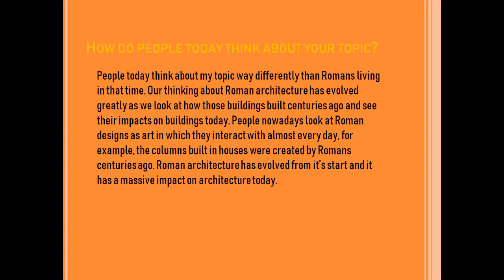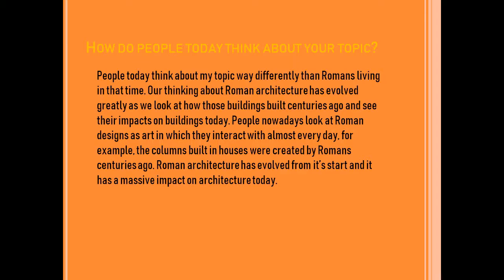How do people today think about your topic? I said people today think about my topic way differently than what the Romans thought. Our thinking about Roman architecture has evolved greatly as we look at those buildings built centuries ago and see their impacts on buildings today, in our everyday life. And just thinking about it without any technology advancements, it's really impressive.